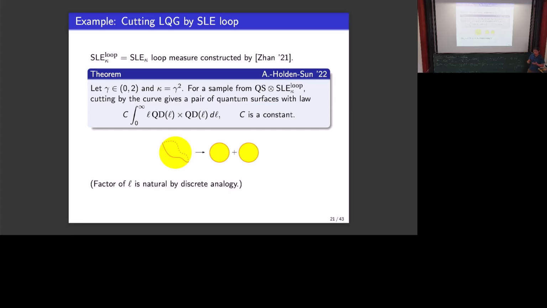Like if you have a pair of discrete planar maps, each having boundary length L, and you want to glue them together, there are usually L different ways of doing this gluing, assuming that you don't have symmetries. So you can guess that this kind of statement should hold from the heuristics that I've already stated, but this can also be rigorously proved.